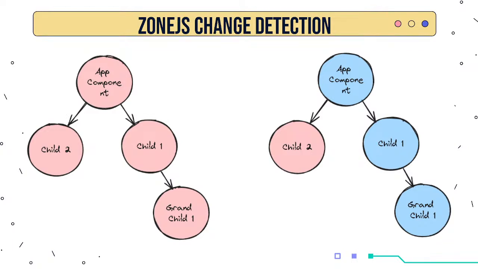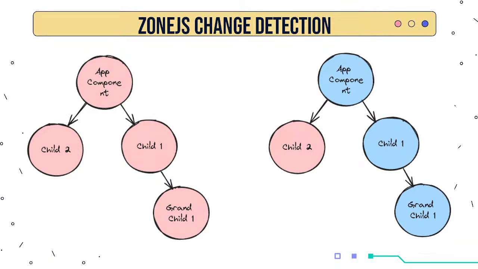Let's say we have this kind of flow where we have an app component, child one, child two component, and a grandchild one component as well. Let's say in the grandchild one component we have some kind of button click event.